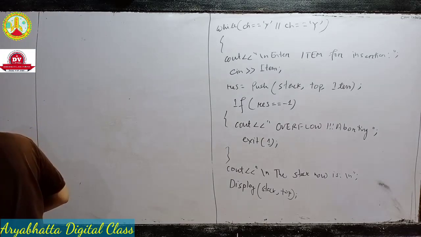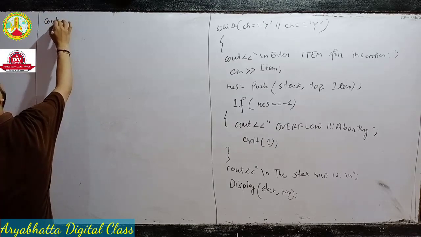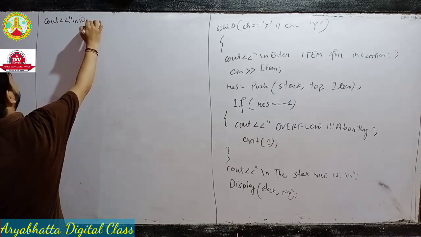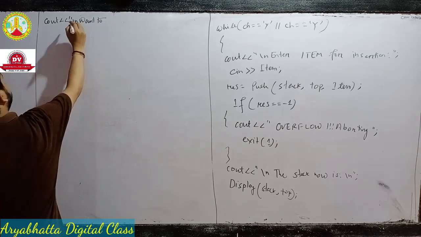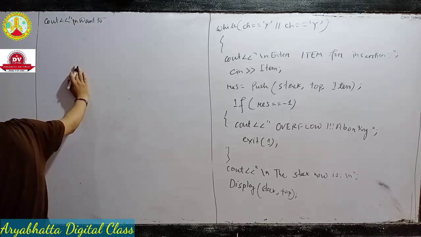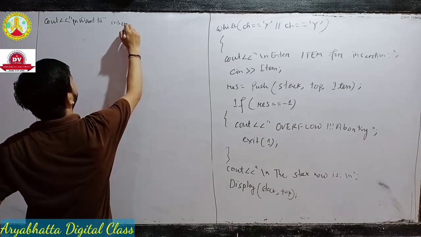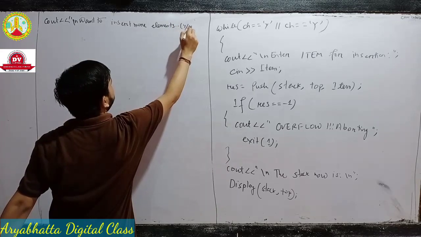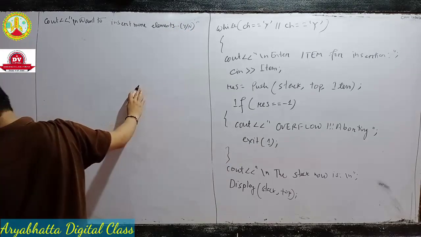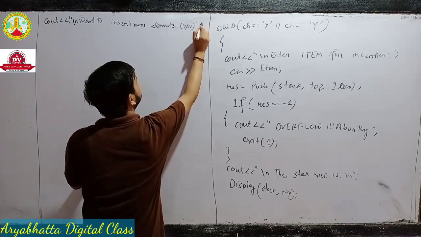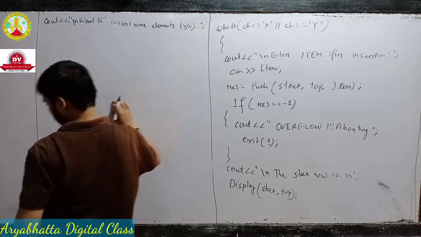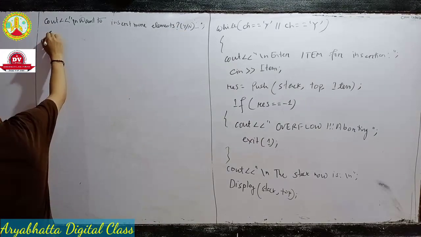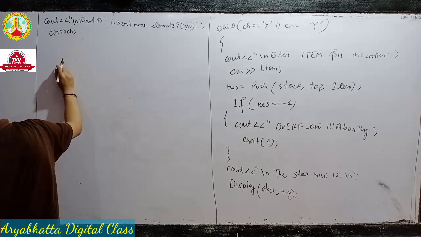After that, after this serially write down, okay, cout backslash n, want to insert more element, yes or no? This is coming in a character variable.